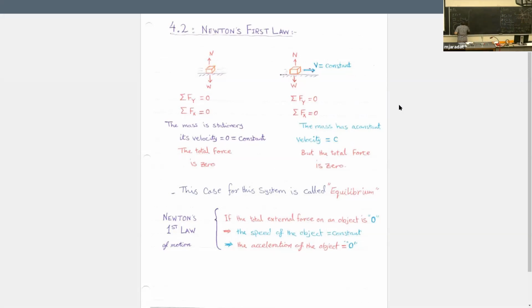Now, in Newton's second law, I need to do some experiment. I need this and this. Simple. Which mass is bigger? It's clear. The fan has more mass.